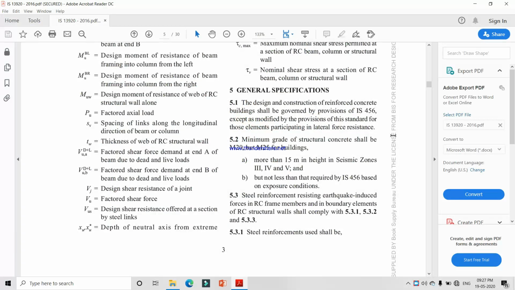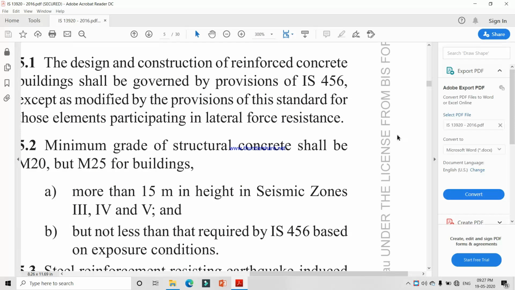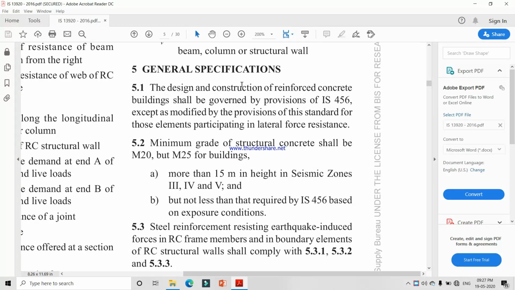So these are the general specifications. Construction of any building shall be as per IS 456. The minimum grade of concrete for an earthquake resistant building is M20, but we use M25 for buildings.